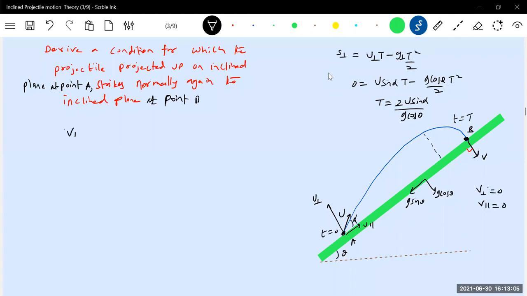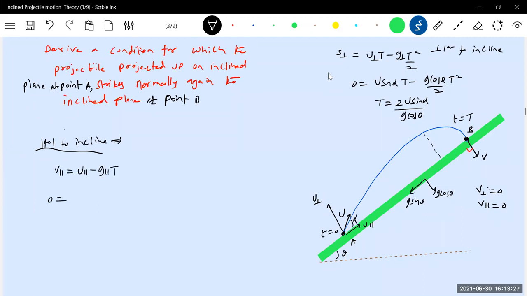So therefore, along the incline, this is perpendicular to the incline what we wrote. Parallel to the incline, v parallel equal to u parallel minus g parallel t.